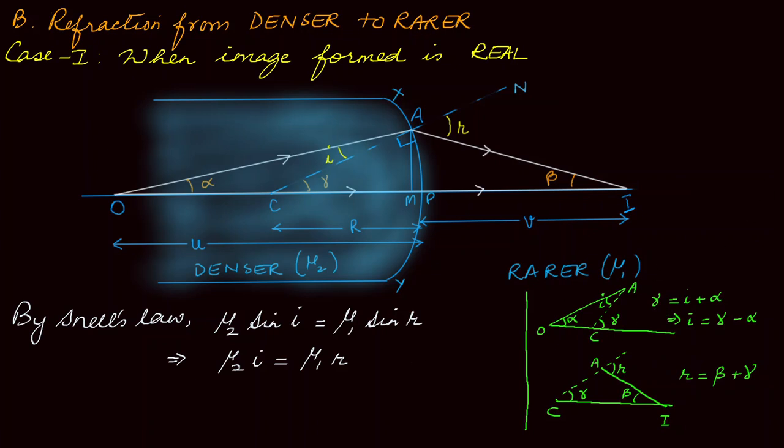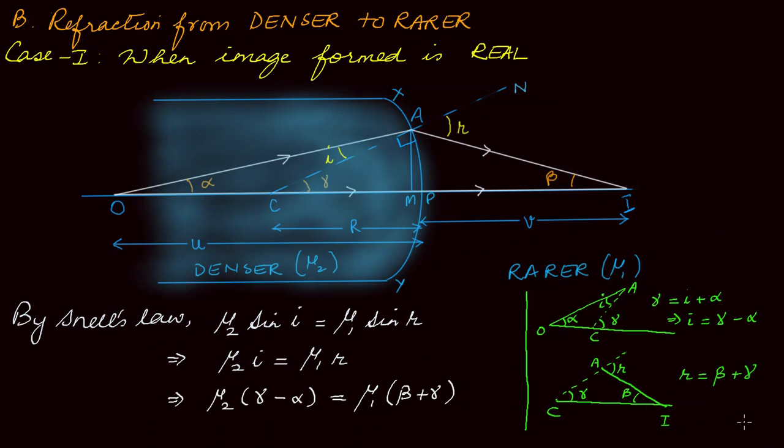So therefore, in this equation, instead of I, we write gamma minus alpha, and instead of R, we write beta plus gamma. Is that clear?